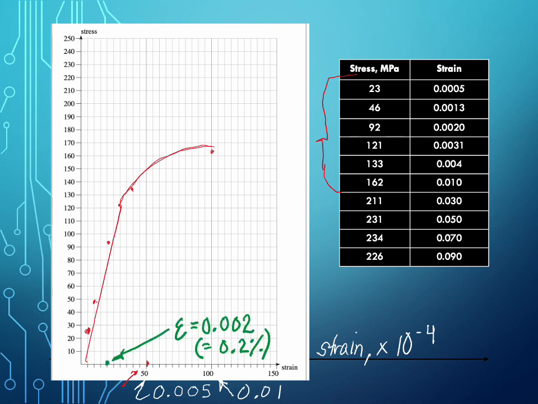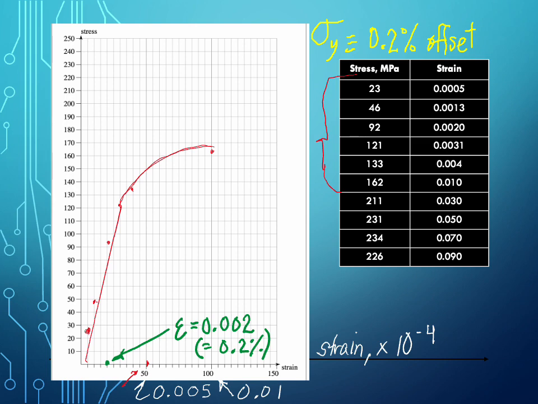Okay, so one of the things that we want to calculate is the yield strength. And the yield strength is defined as the 0.2% offset strength.